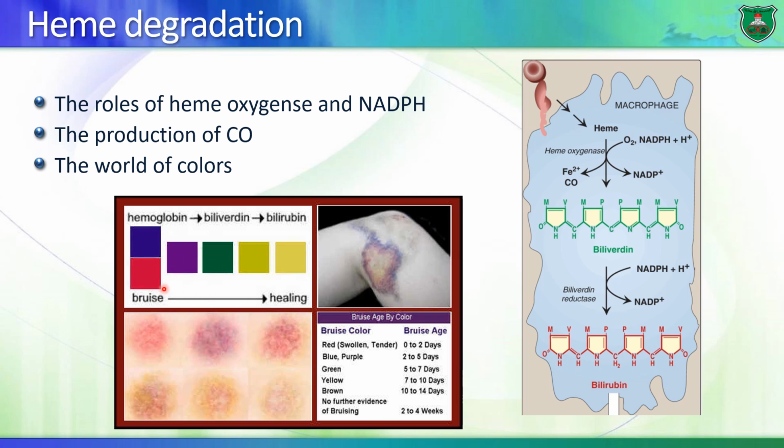First, you have release of blood, hemolysis basically, and then heme is metabolized to different intermediates. Each one of them has a certain color, and that's why the bruise changes colors in here from blue to purple, green, and finally yellow. All of these colors are a result of the different intermediates of heme catabolism.